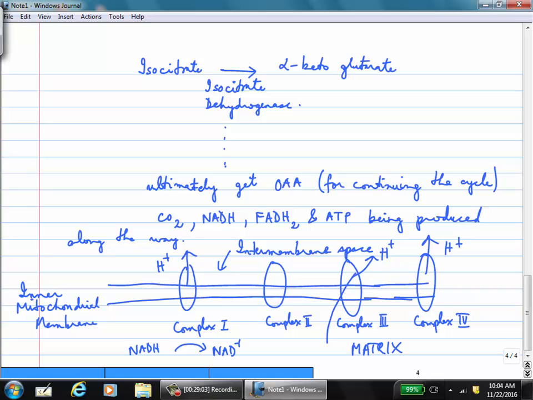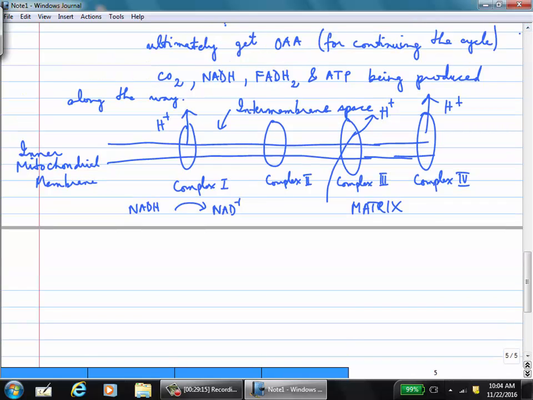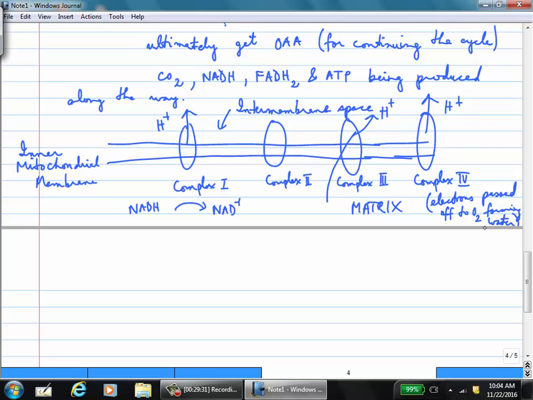Finally, complex 4 is where oxygen accepts the electrons and forms water. So this is where electrons are passed off to oxygen forming water, because you know that the products of respiration are carbon dioxide and water.